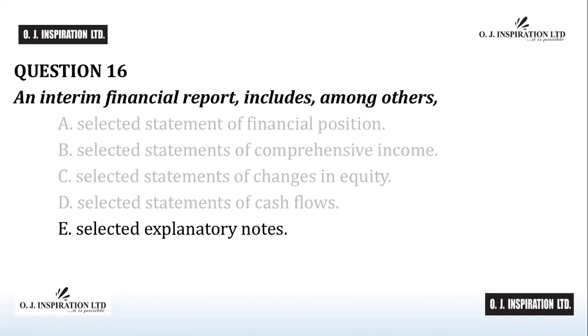And 5, selected explanatory notes. The minimum are the condensed forms of the mentioned components of financial statements, and the full forms can also be reported in the interim report. However, none of the items outlined in the options are contained in an interim financial report, except for selected explanatory notes. E is the answer to question number 16.